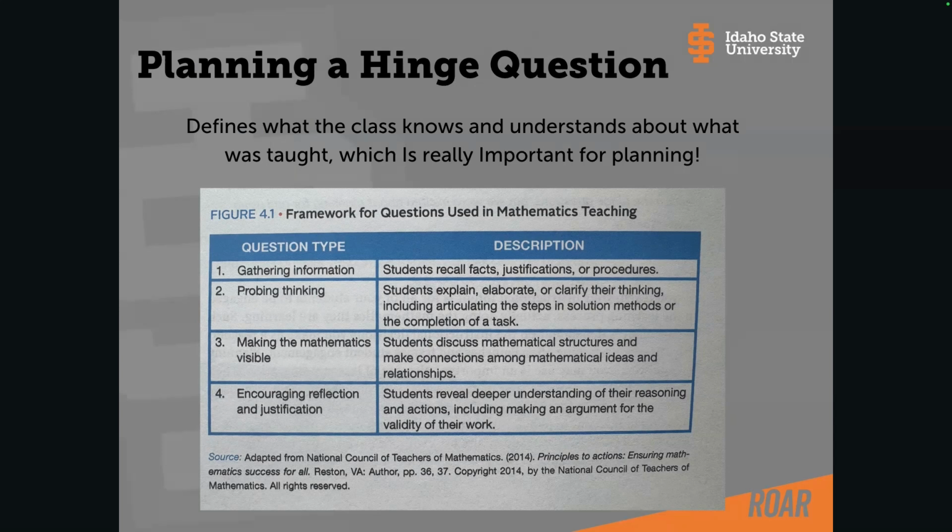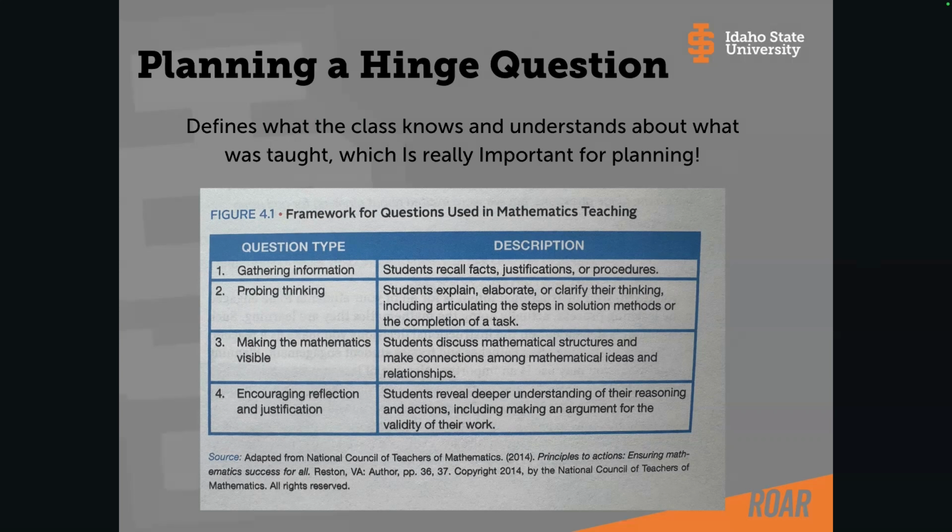So this came right from our Principles to Action book, but it really just discussed the types of questions that you could be asking. So, do I need to just gather information? Is this a simple hinge question where maybe I'm just looking for a procedure, just a quick thing? Do I need something a little bit more elaborate where they're clarifying their questions?